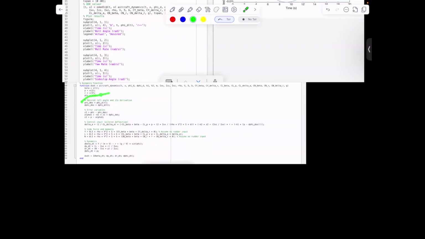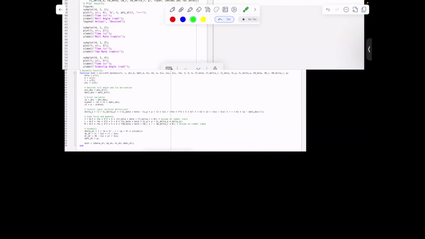And this is the desired roll angle and its derivative. We have defined it like that. This is basically the storing parameters, where we are going to store the values. And this is the error variable, whatever we have obtained through the analysis.